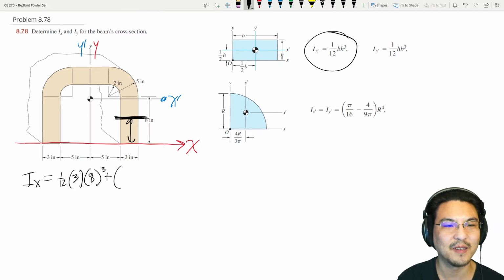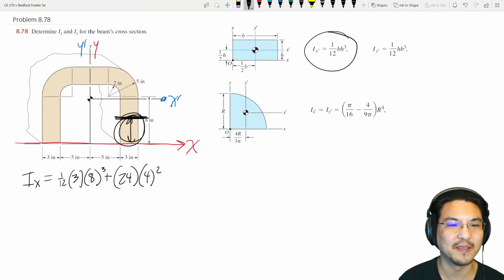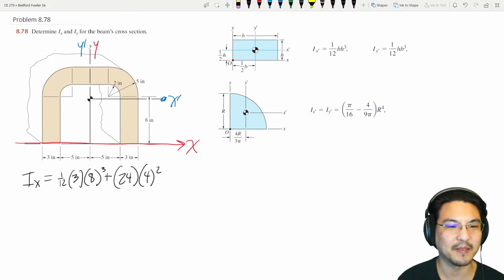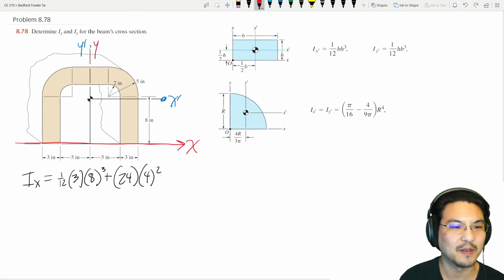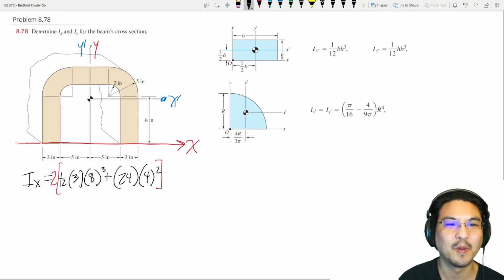How much extra? The area of this rectangle, 24 square inches, times this distance squared, 4 squared. And note that there are 2 of these, over here.